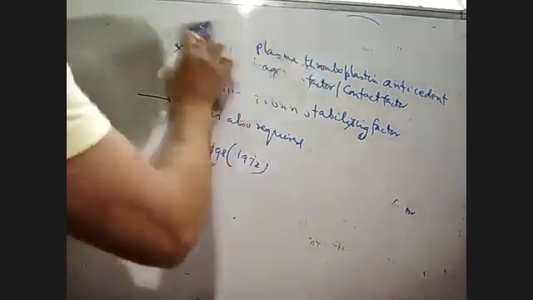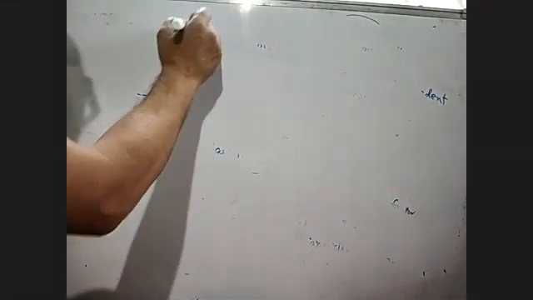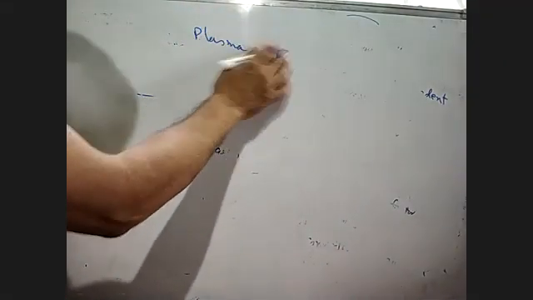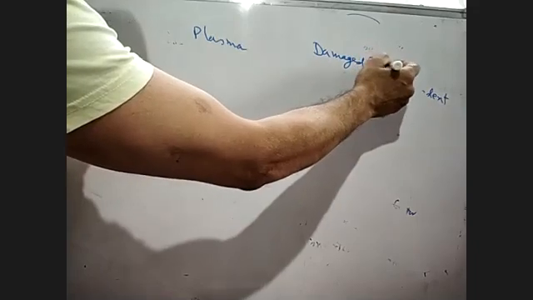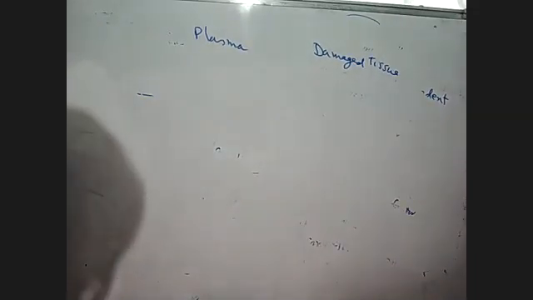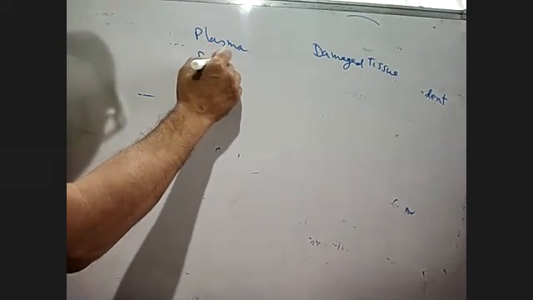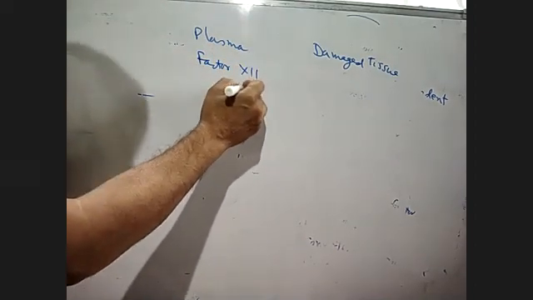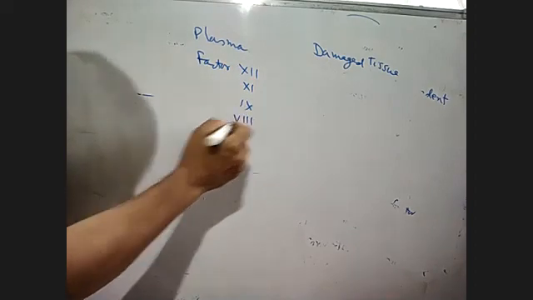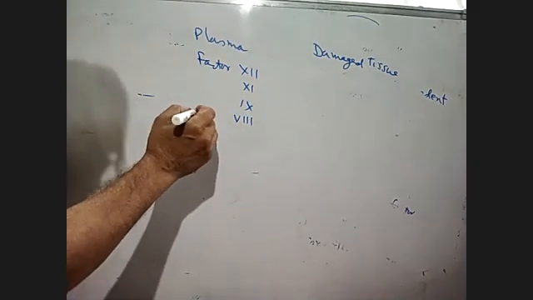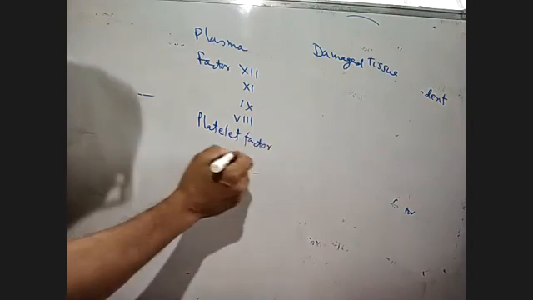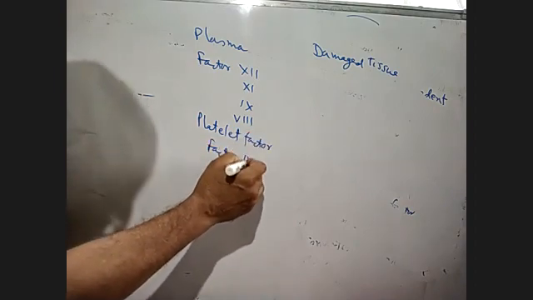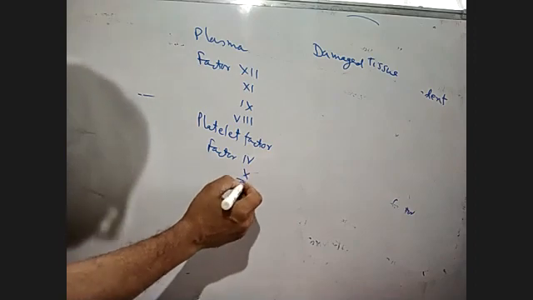Here we write the plasma, and on the other side the damaged tissue. In the plasma we have factor 12, factor 11, factor 9, factor 8, and the platelet factor, factor 4, factor 10, and factor 5.